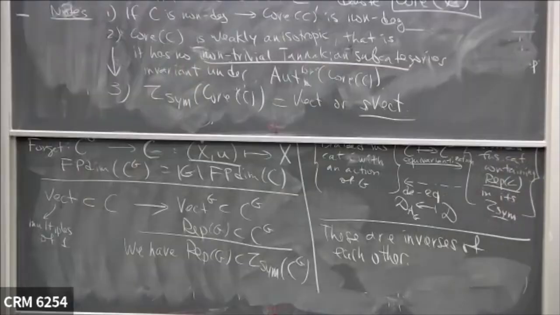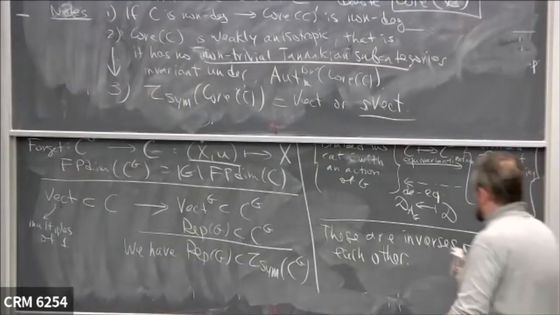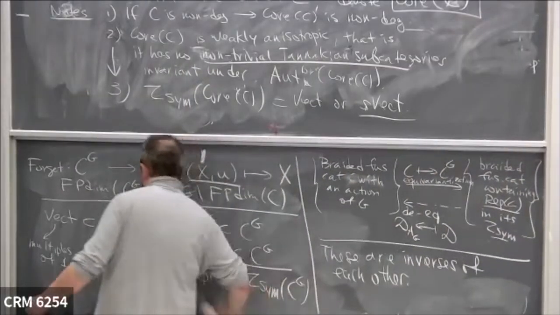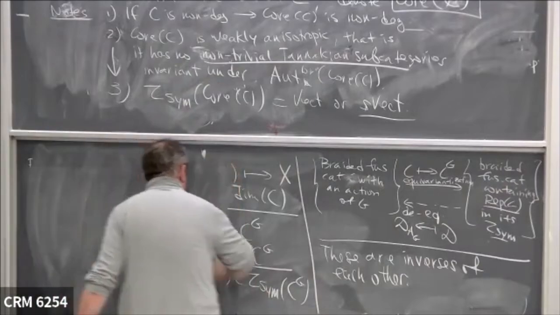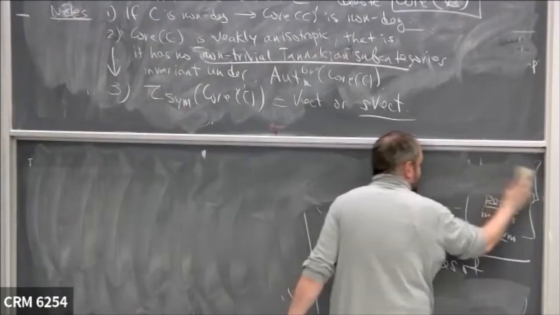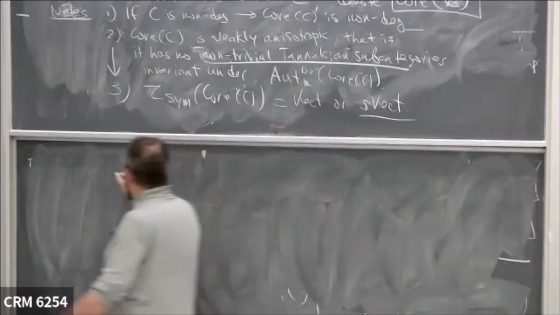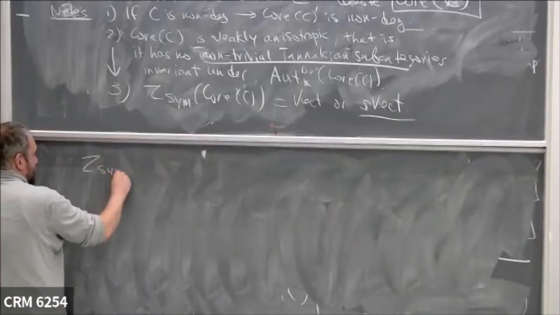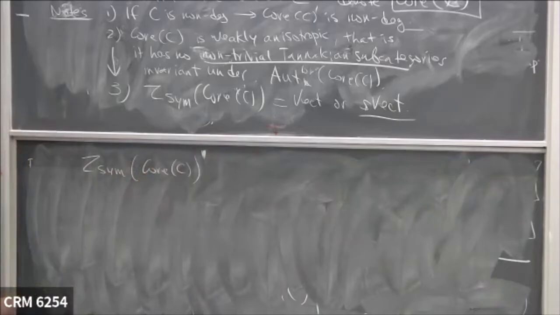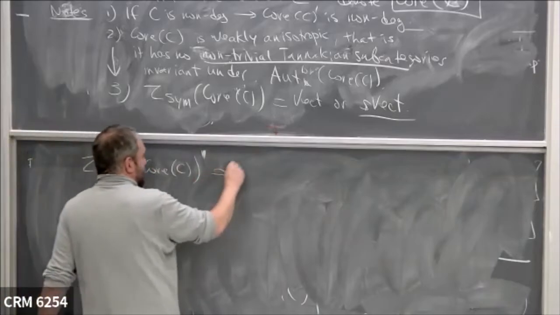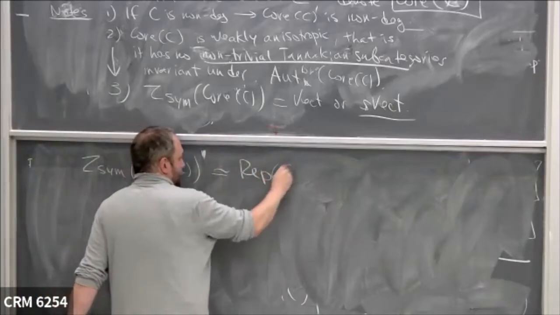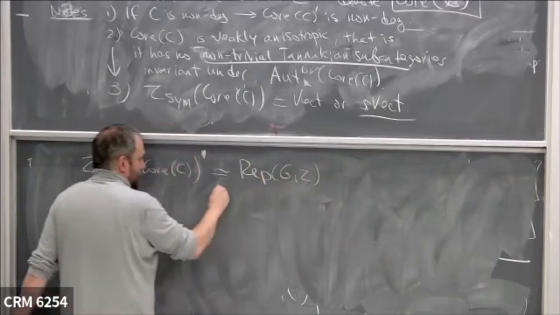We know that the symmetric center, by Deligne's theorem, has a very specific form. For any category whatsoever, and in particular for that core, the symmetric center will be Rep(G, z) by Deligne's theorem.